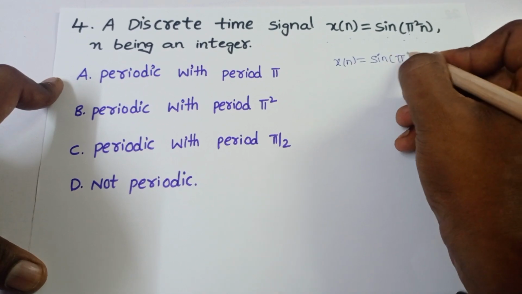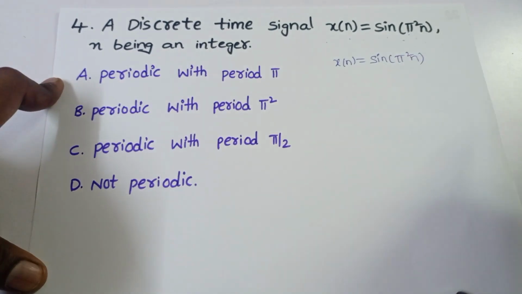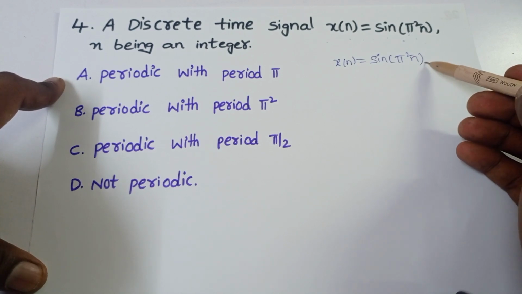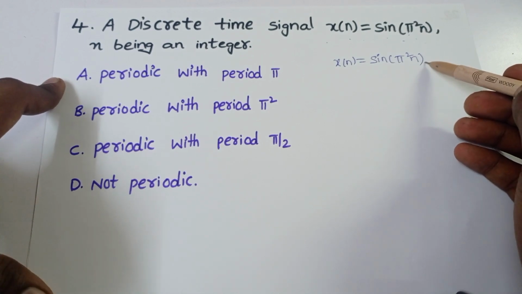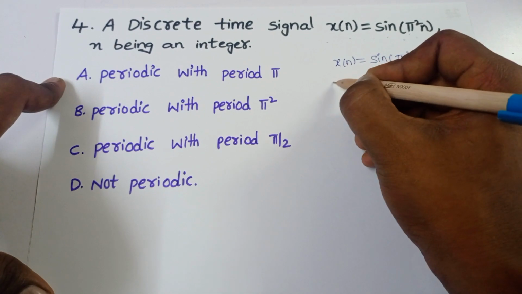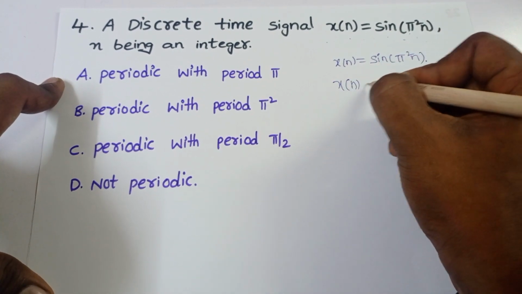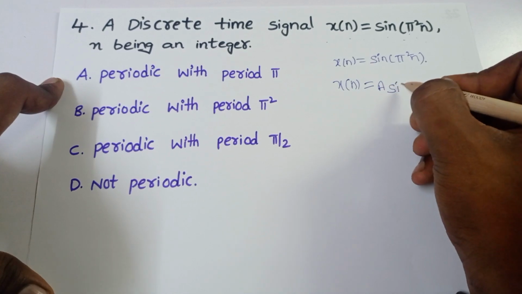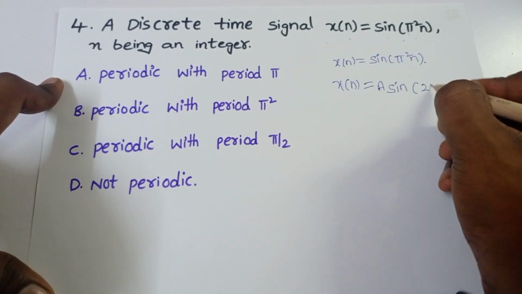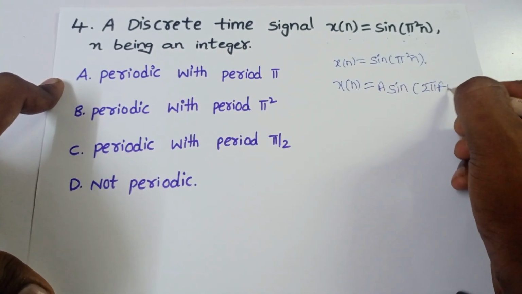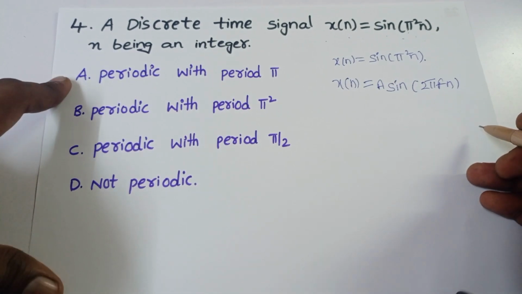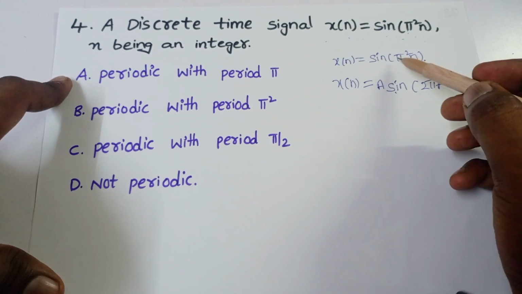sine pi square n. Now first we need to compare this equation with the standard discrete time signal, that is x of n is equal to A sine 2 pi f n. This is the standard form of a discrete time signal. Now compare this signal with this signal.